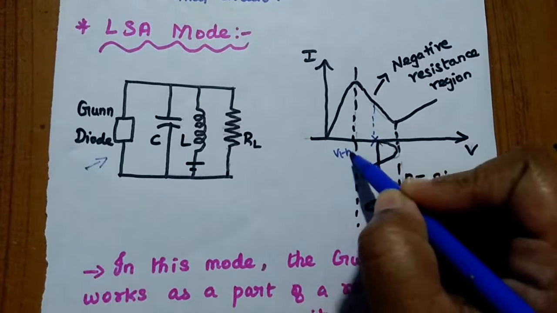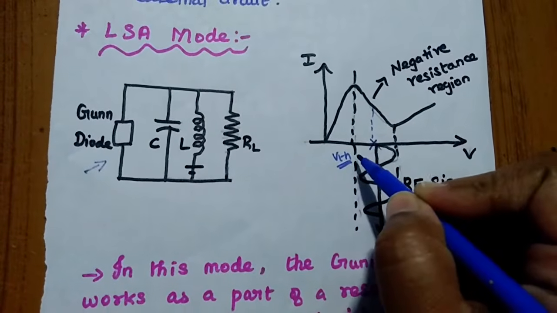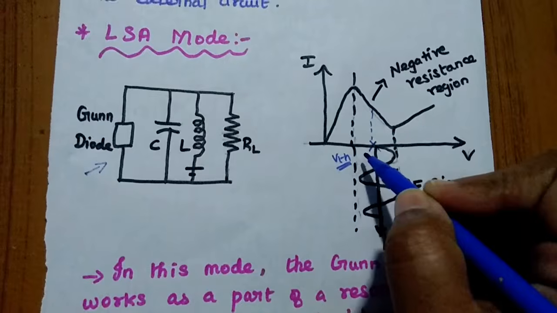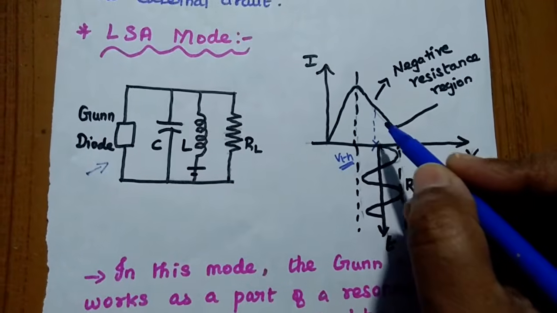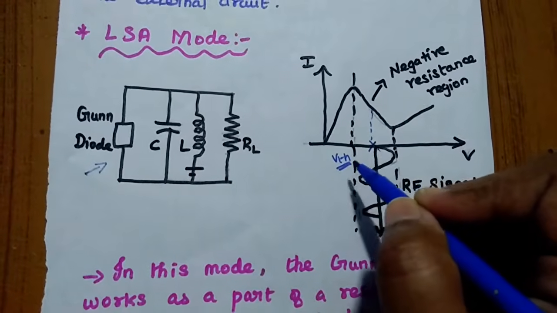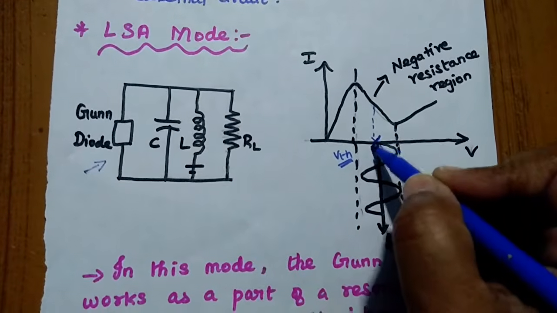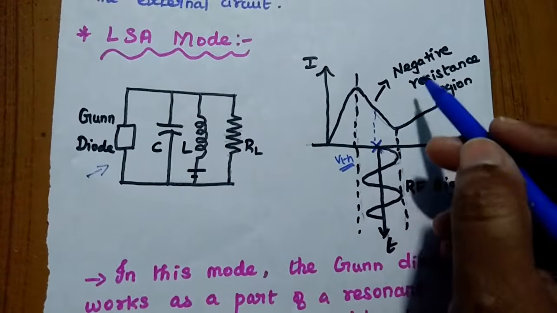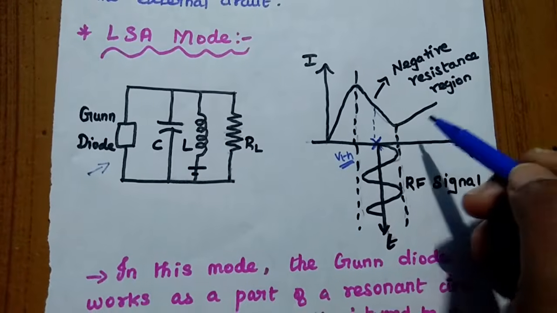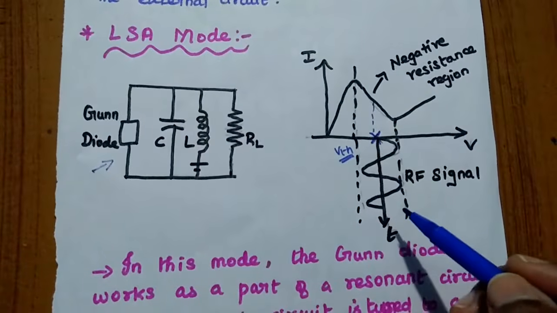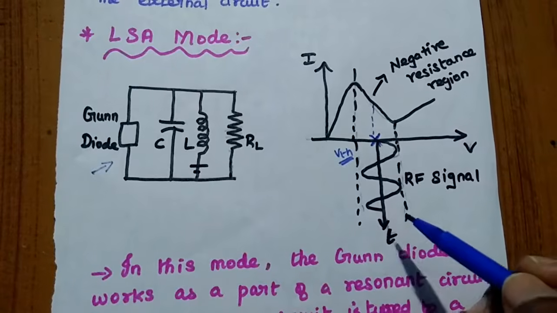This is the threshold voltage, right? So we are going to increase the voltage of the device greater than this threshold, and also ensure it is at the midpoint with respect to the negative resistance region. So the output RF power should be like this.